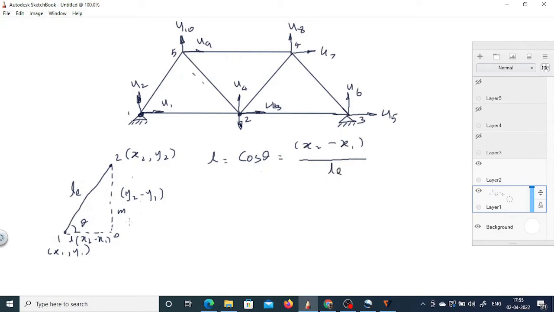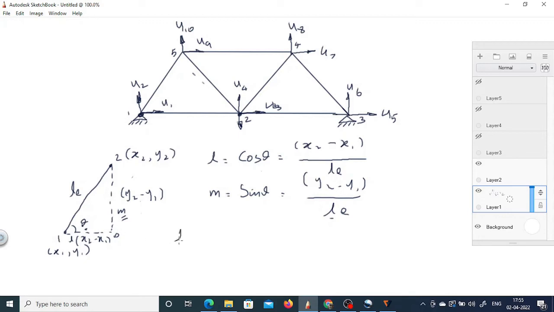After that, how can I identify M? M is identified through this angle. M, the opposite side, is sin theta. What is the opposite side of this angle? y2 minus y1, divided by the hypotenuse LE. Then how can I identify the hypotenuse LE?